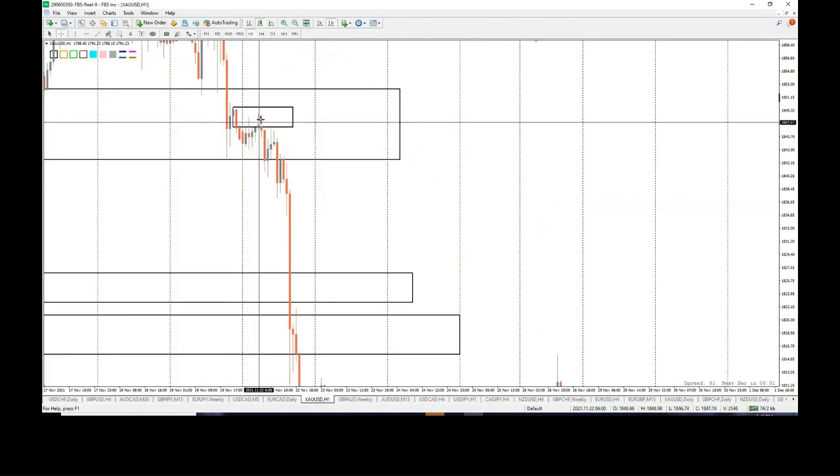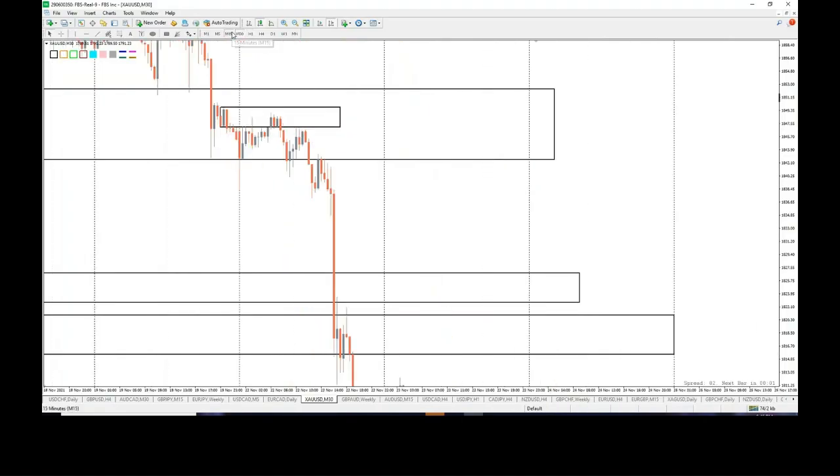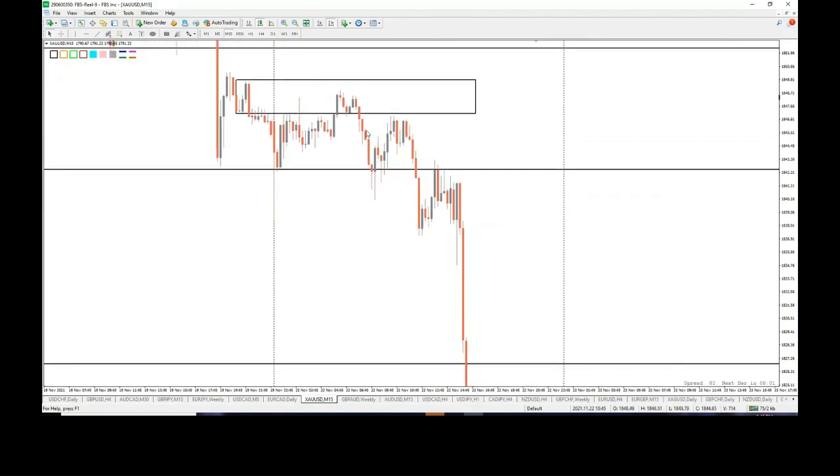When the price comes inside there, what do we do? We wait for M30 and M15. If you wait for M15, there's no confirmation right here, but you can have your precise zone here. This is the M15 zone, right?